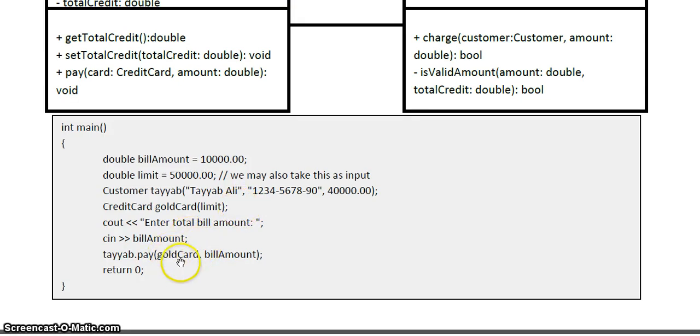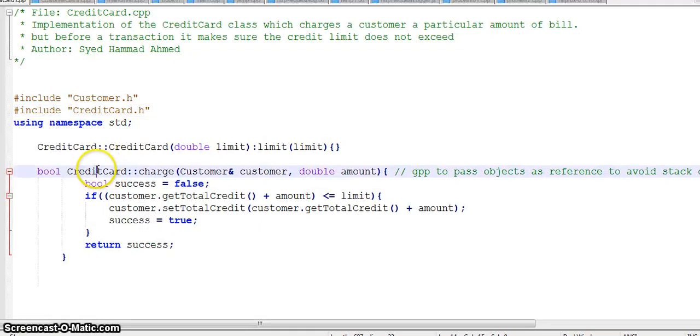So he just uses the gold card, and the pay function definition includes the gold card object's call to the charge function. Here, we have this credit card class implementation of the function charge. This charge is called, and this has this customer reference being passed and the amount.